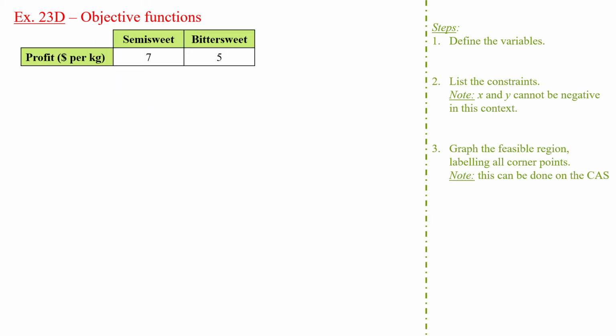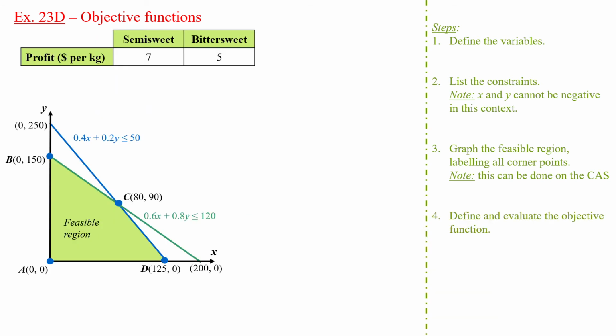Moving forward, we now need to define and evaluate the objective function, and I've got the graph on the screen from the previous example as well. So our objective function for profit is profit, which here is going to be P, because if we remember back to our previous information at the beginning of the question, we wanted to maximize how much money we were making through this chocolate manufacturing each day.